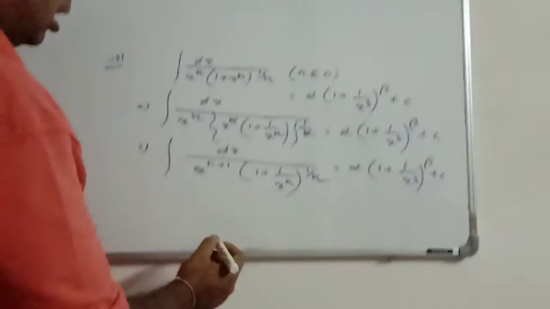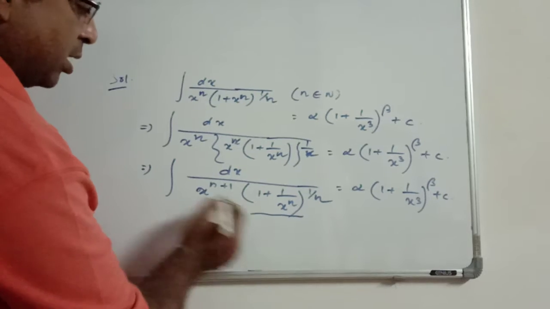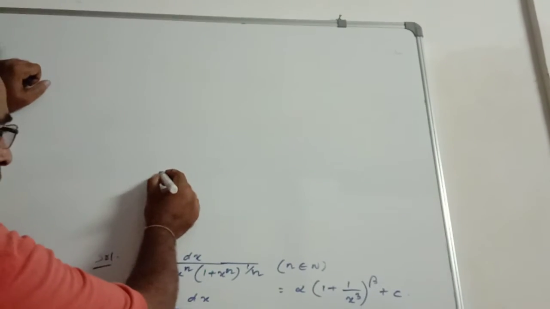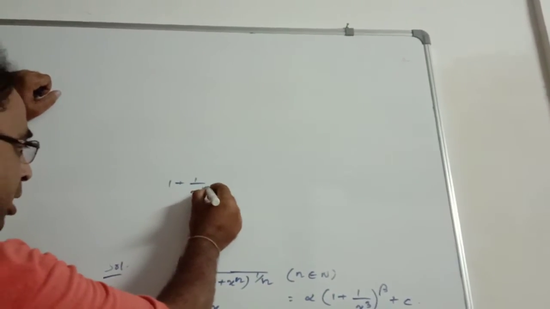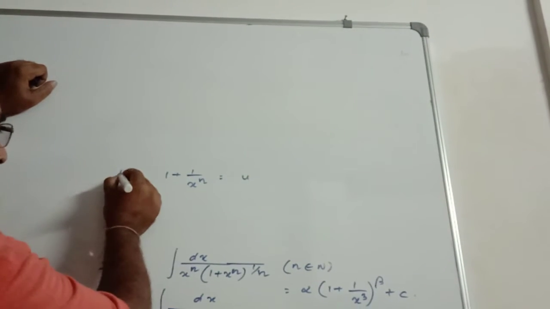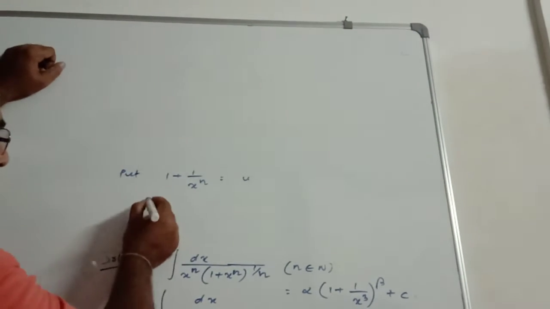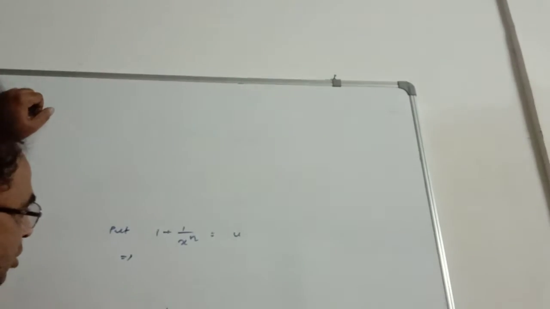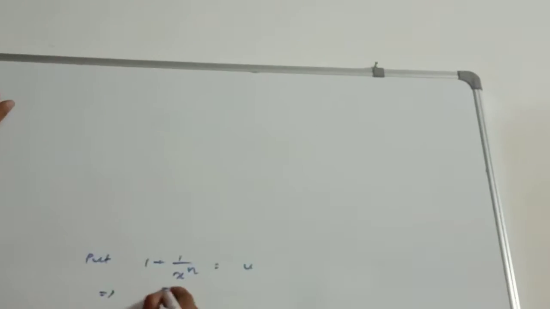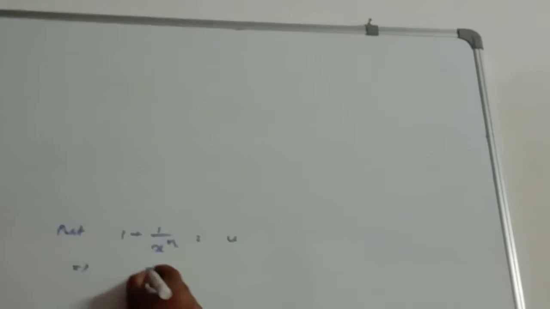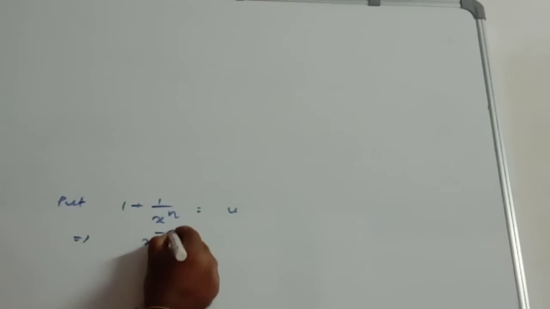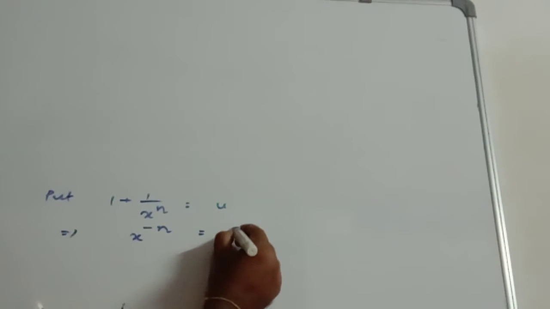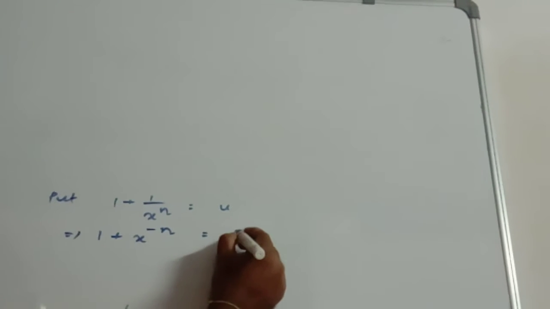Now here we'll take this one as u. So 1 plus 1 by x to the power n equals u. Let it be put. Now we'll do the differentiation with respect to x on both sides.